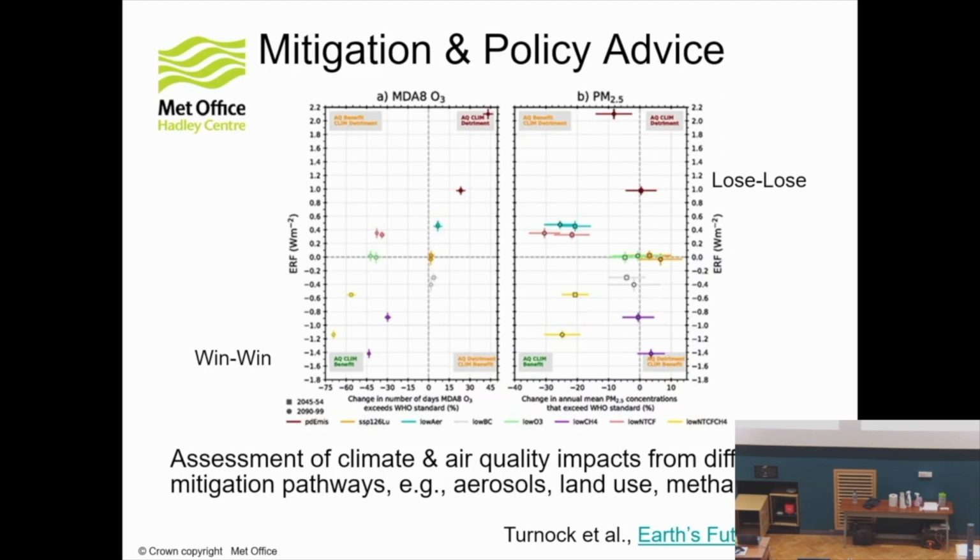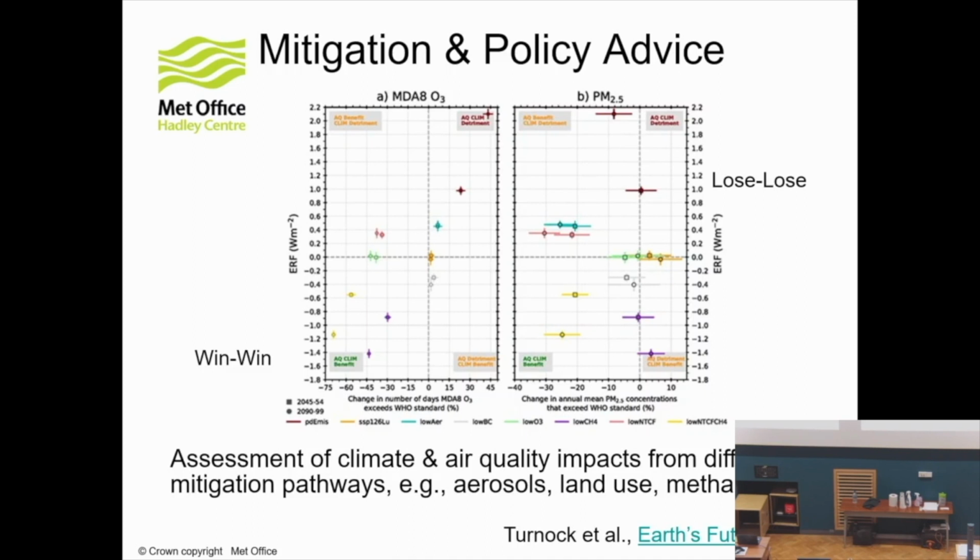And really, our government sponsors are really keen on having quantitative advice on the impacts of different mitigation options, and in particular quantifying some of the trade-offs and co-benefits that we might get.